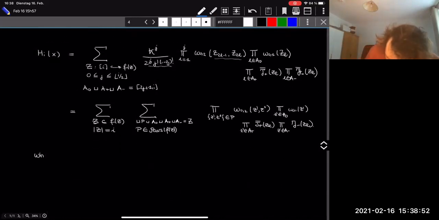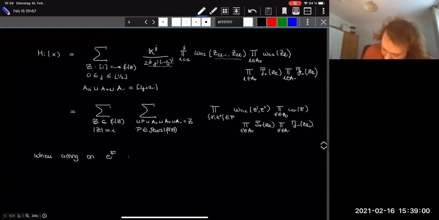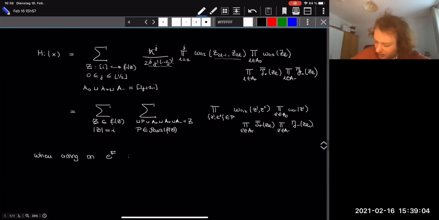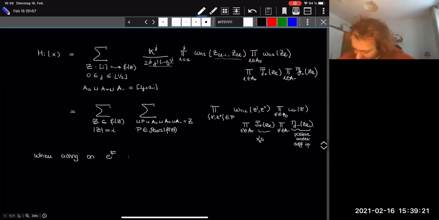So when acting on the exponential of f, this contains many x's. So these x's are negative j's. And we act by some, so these guys contain the positive modes, so the differential. And this is a combination of x's. So we act by differential operators.